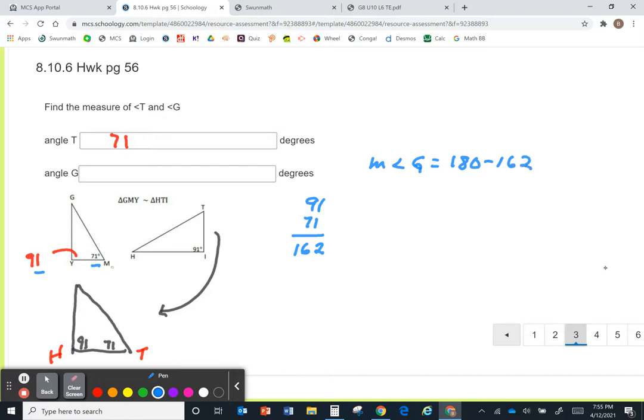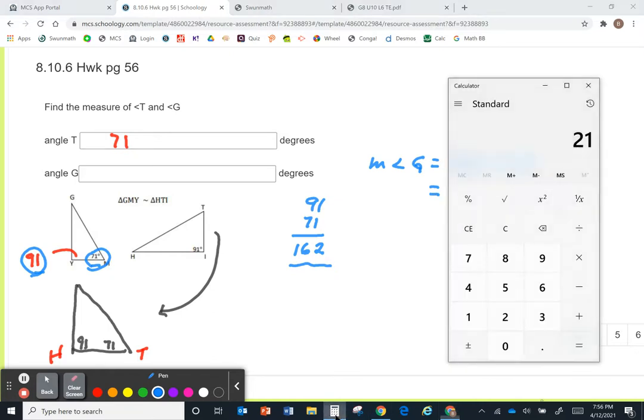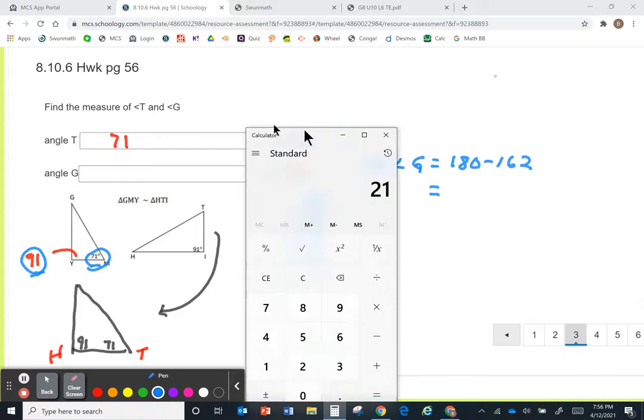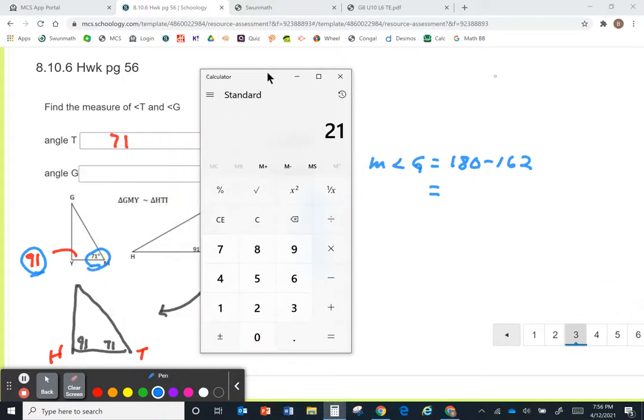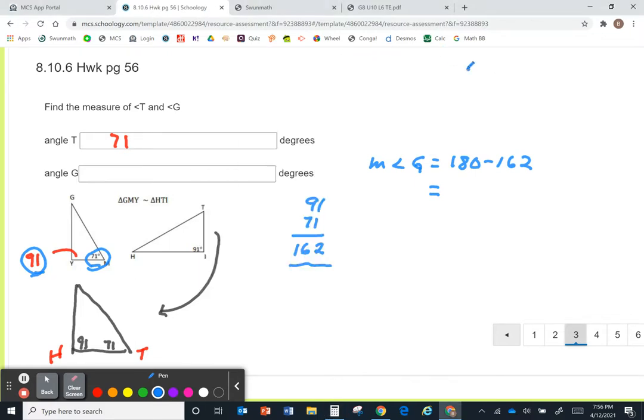We add these two together, then subtract that from 180. I'm not that good at doing stuff in my head either. 180 minus 162 is 18. The measure of angle G is 18.